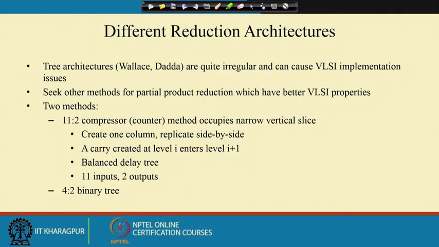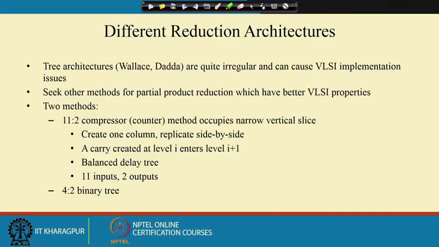We can use the 11:2 compressor or the 4:2 compressor. These methods are very useful as the structure is regular, so for the VLSI implementation of those multiplier architectures they give some advantage to the circuit realization.